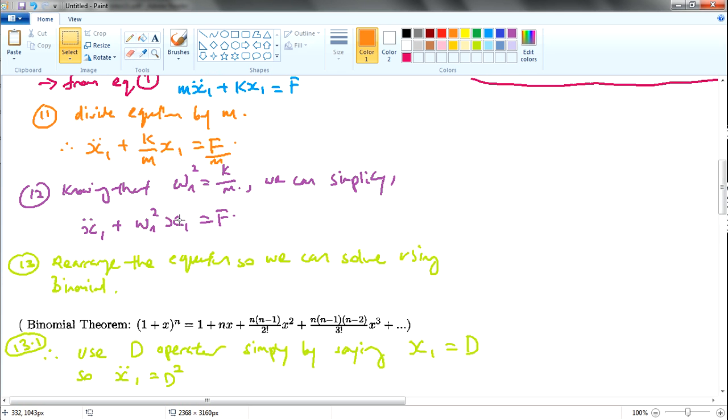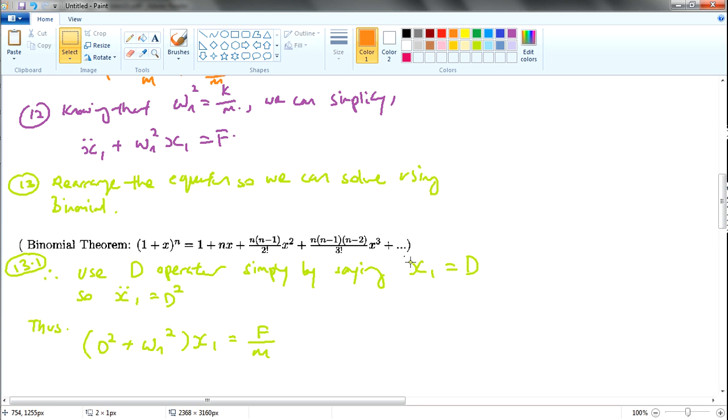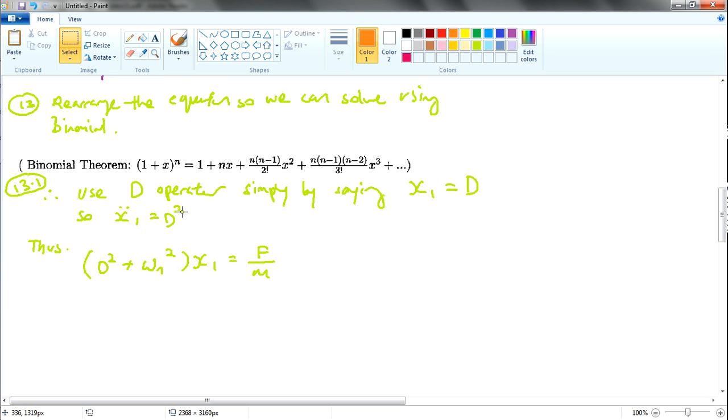Another method is that you just straight away sub in x1 equals D, and then you differentiate 2 times in that particular manner. You'll get D². It's quite straightforward.